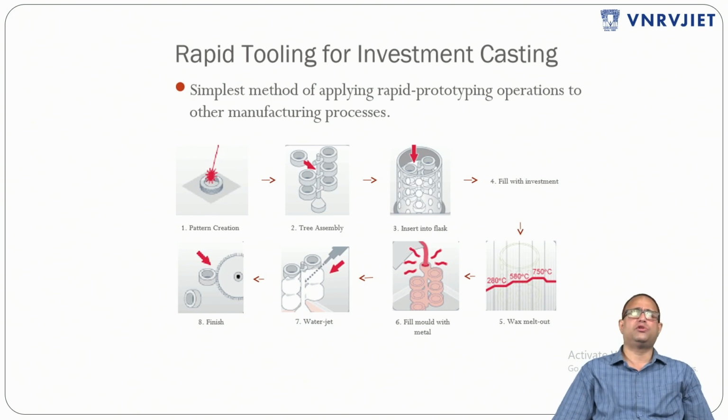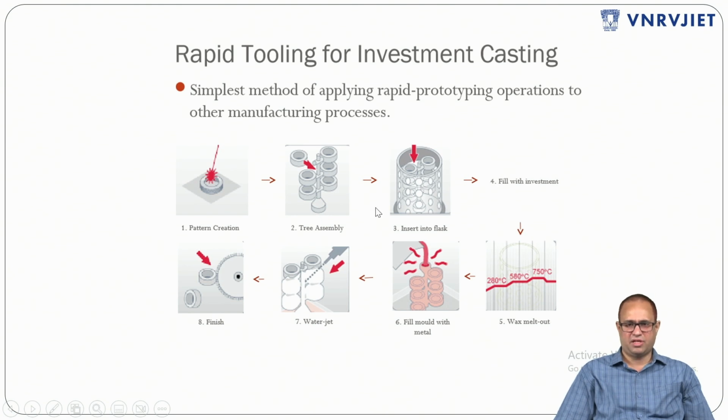And you can see how it plays an important role in investment casting, where accuracy is much more required. First of all, the pattern is going to be created using additive manufacturing or another process that is suitable for 3D printing. Based upon this, a number of patterns are going to be prepared, and finally assembled as a tree.